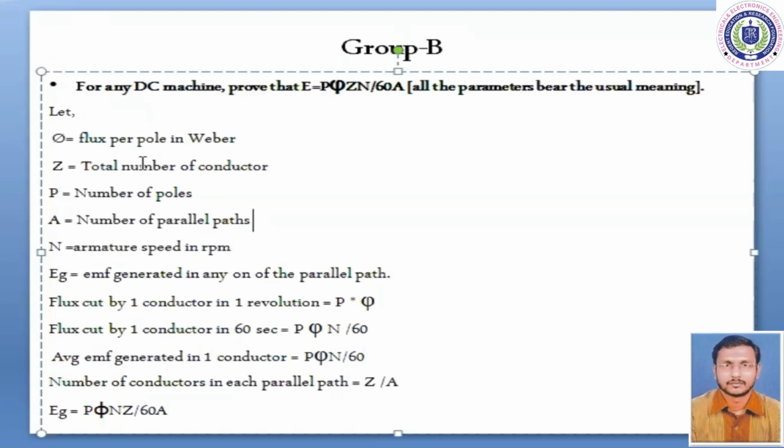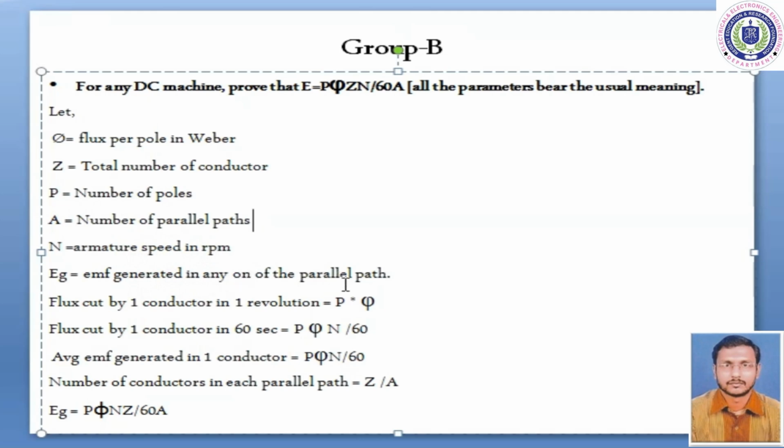So first of all, Φ is the flux per pole in Weber, Z is the total number of conductors of the armature, P is the number of poles of the machine, A is the number of parallel paths, N is the armature speed in RPM, and EG is the generated EMF in any one of the parallel paths.